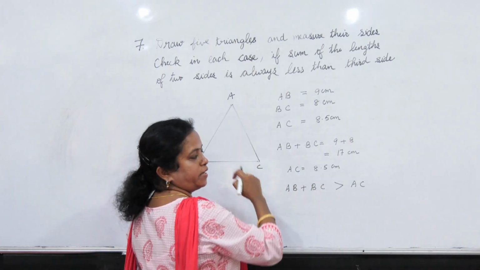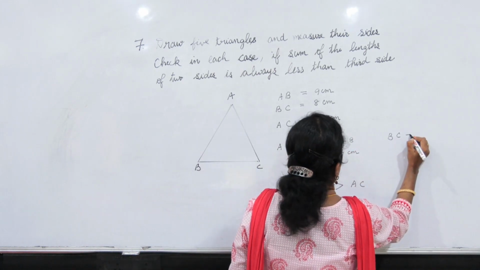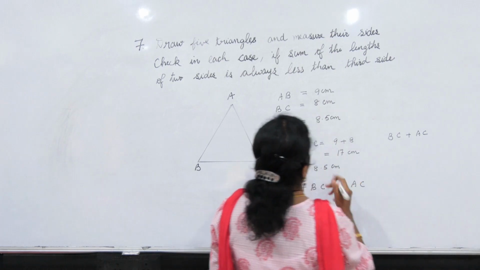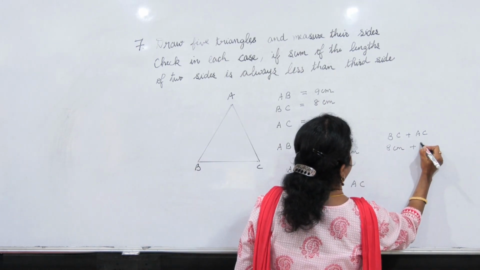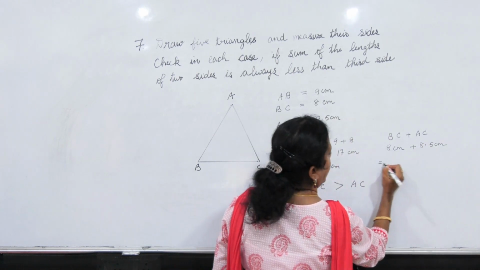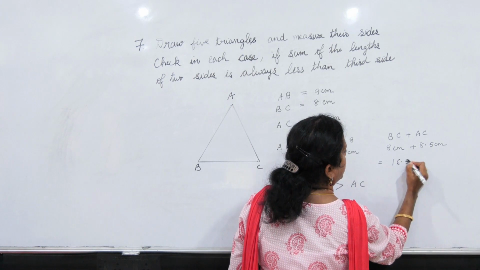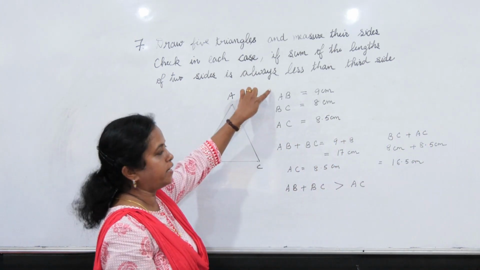First I have taken AB and BC. Now let me take BC and AC. BC is 8 centimeter and AC is 8.5 centimeter. So when you add up, you get 16.5 centimeter. When you take BC and AC, what is the left out side?